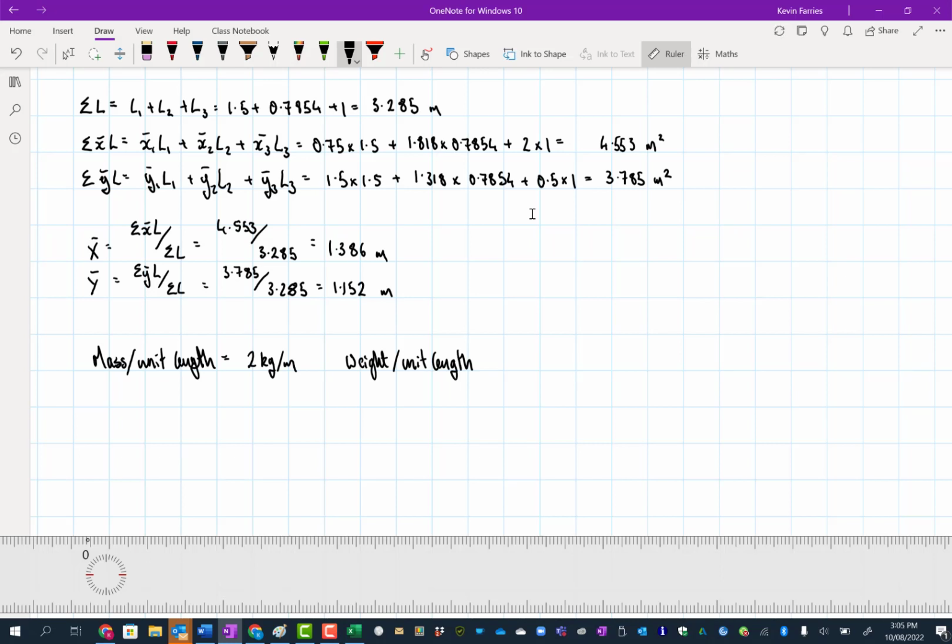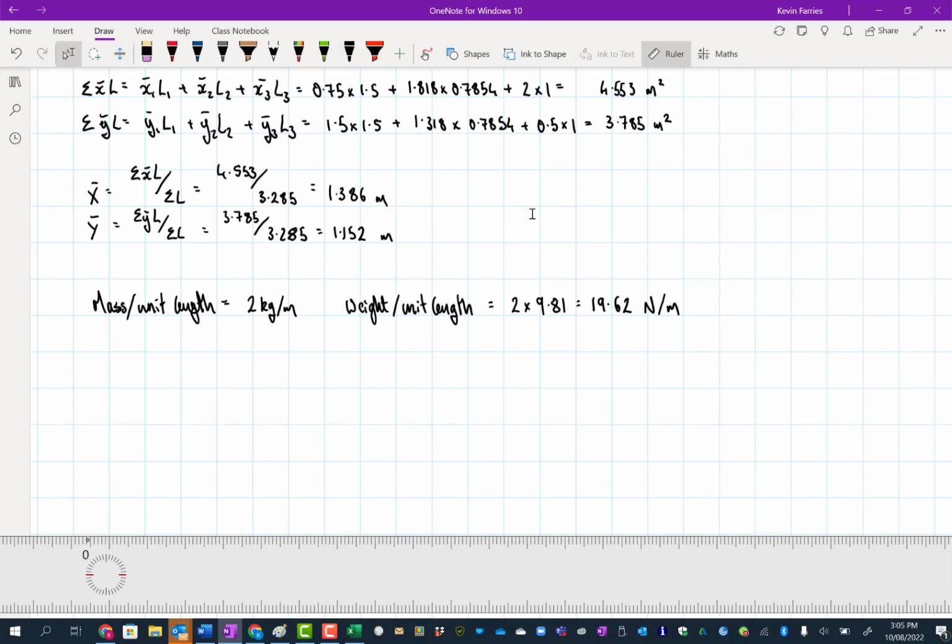This is the weight per unit length, which is equal to 2 times 9.81, changing kilograms to newtons by multiplying by acceleration due to gravity. 2 times 9.81 is 19.62 newtons per meter. Looks about right. It's quite a light pipe. It must just be a foam pipe or something like that. So weight per unit length, that's all good.